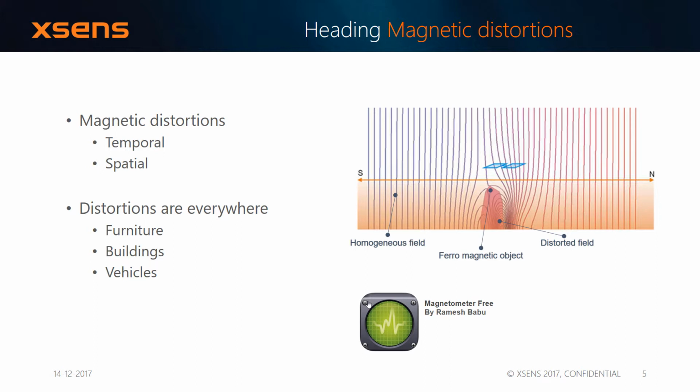How do you get magnetic disturbances? In floors, for example, you have rebar to reinforce concrete. This might cause magnetic disturbances. If a magnetometer gets close to one of those, it will affect the heading of that magnetometer. Thus, it thinks it is pointing in a different direction than it actually is.